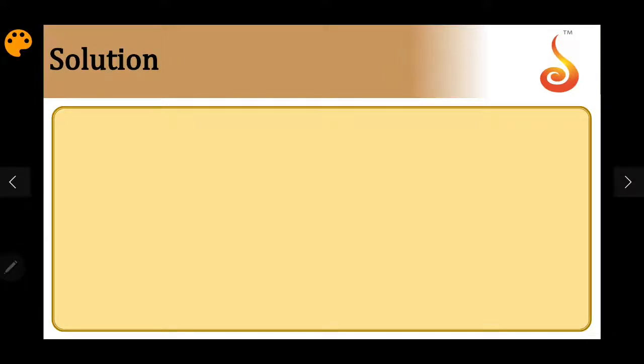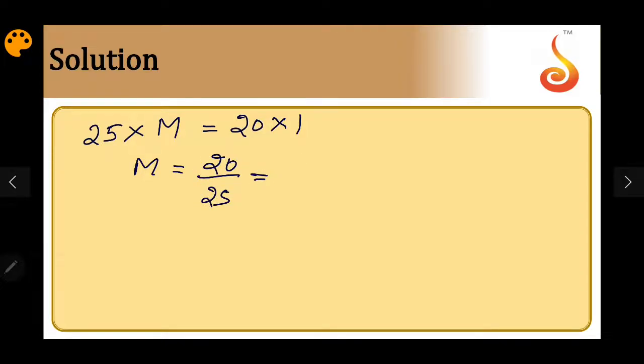So we know V1 N1 is equal to V2 N2, or molarity and normality are the same for this. So 25 into M is equal to 20 into 1. So M becomes equal to 20 by 25, which is equal to 0.8 molar.